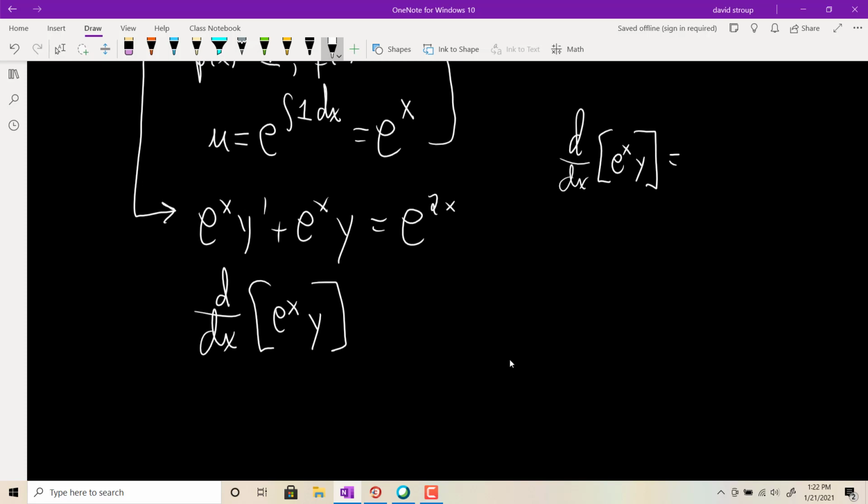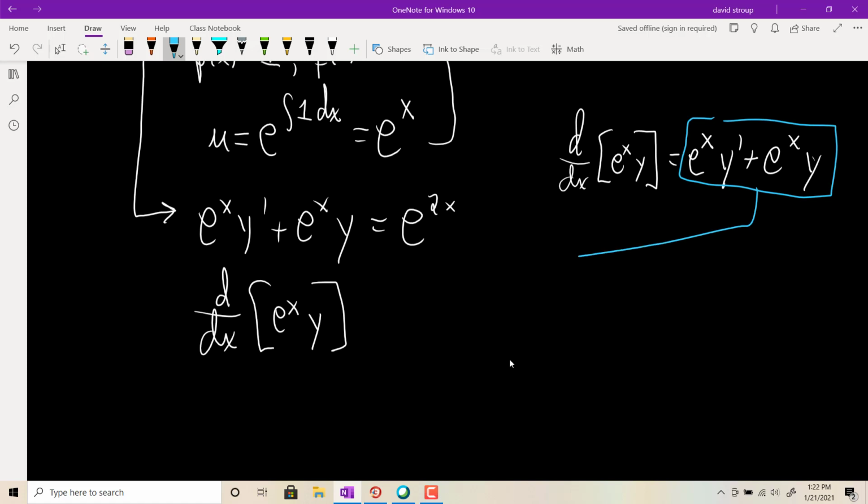If you leave e to the x alone and take the derivative of y, it's 1 times y prime, so it'll be y prime. And then plus the derivative of e to the x, which is e to the x, and you leave y alone. And so, yeah, sure, we got it, right? This method works because of that.